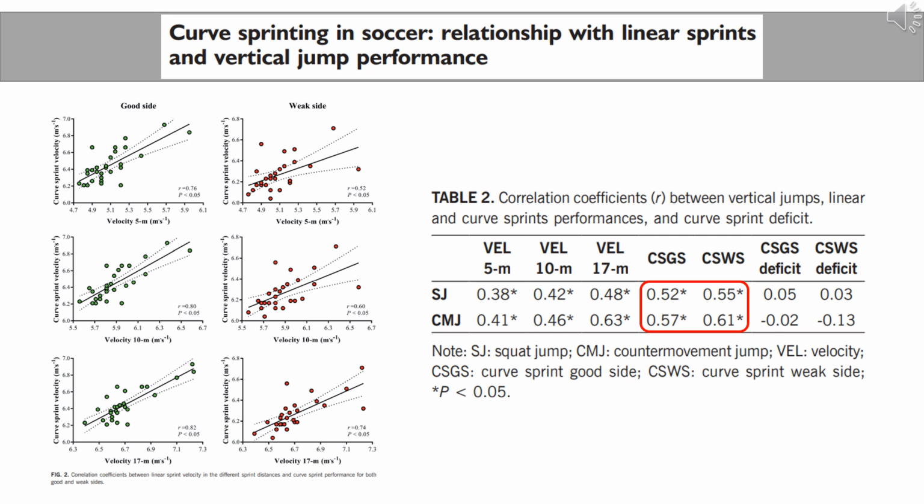We can see the R value between curve sprint velocity and velocity at 5 meters is 0.76 and 0.52, indicating higher velocity during curve sprinting is associated with higher velocity when you run in a straight line for 5 meters.